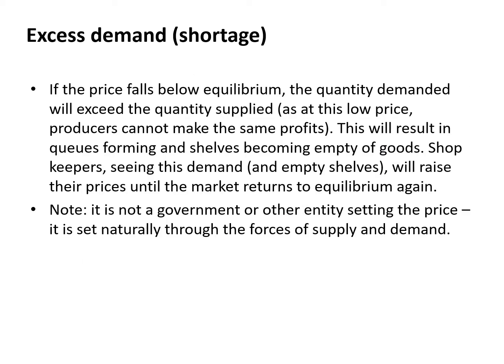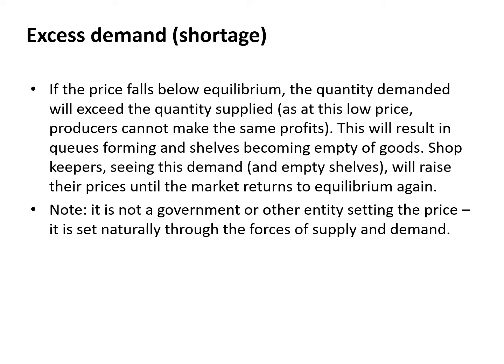So if the price falls below the equilibrium, the quantity demanded will exceed the quantity supplied. At this low price, producers cannot make the same profit because they're selling at a lower price. This will result in queues forming and shelves becoming empty, because people will try to buy whatever is available, okay, because there's more demand, and shelves will end up empty.